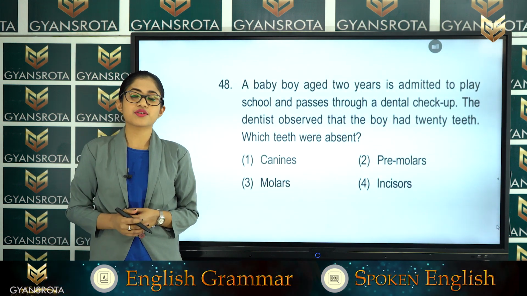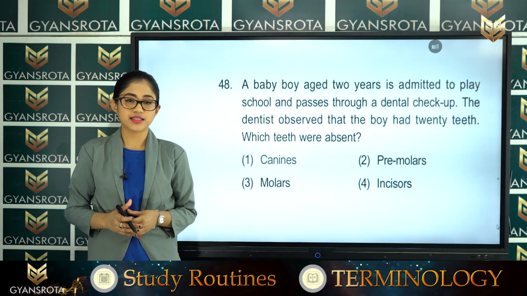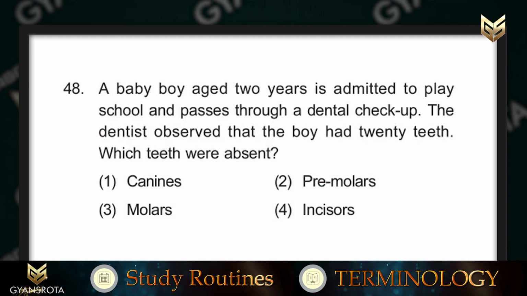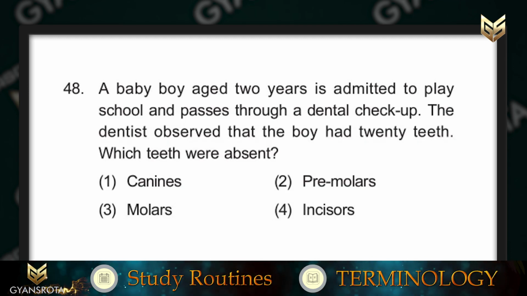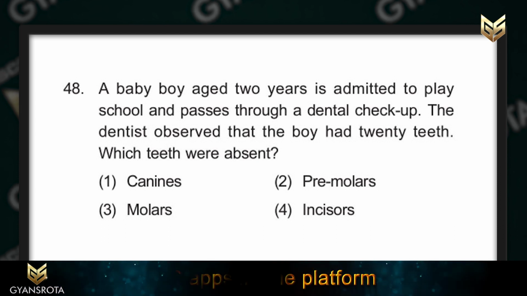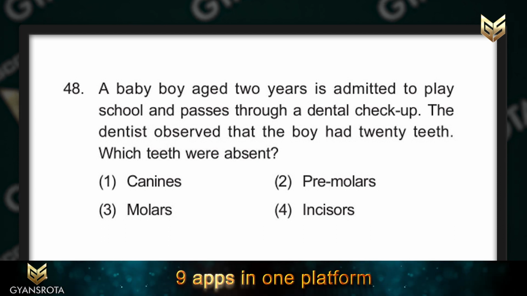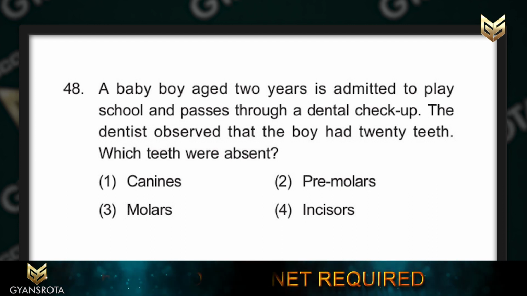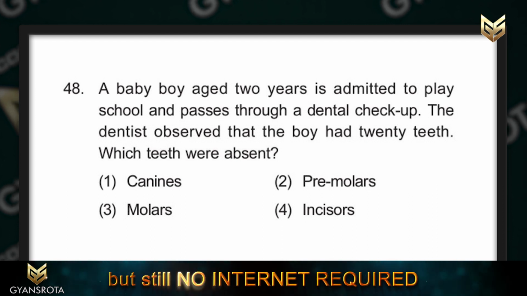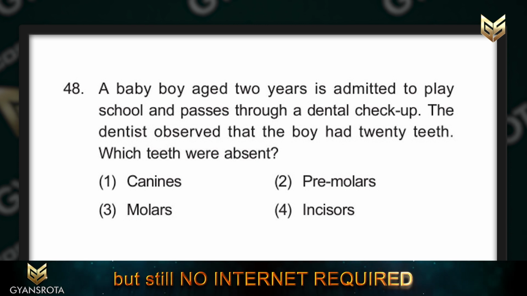In the next question, question number 48. A baby boy aged 2 years is admitted to play school and passes through a dental checkup. The dentist observed that the boy had 20 teeth. Which teeth were absent? Canines, premolars, molars or incisors.